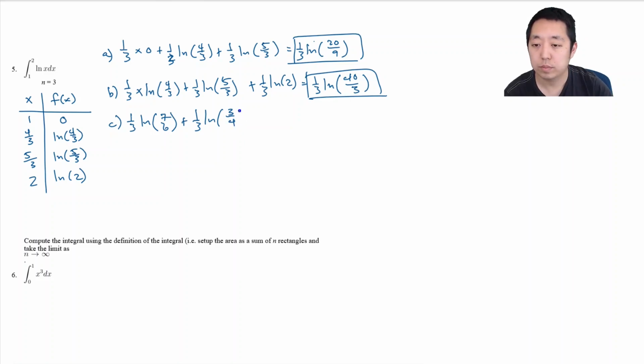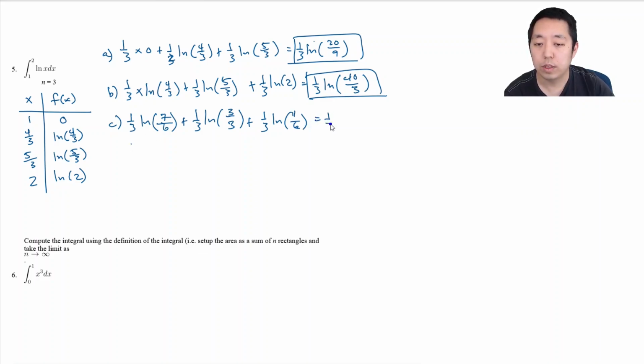Wait, is that right? This should be 3/2. I'm not sure what I'm thinking. And then 1/3 times ln of halfway between 5/3 and 2 is 11/6.